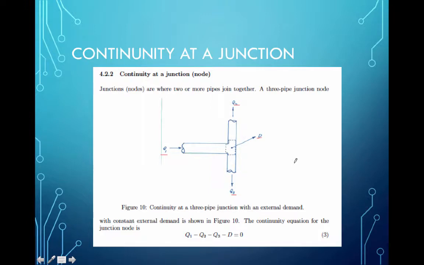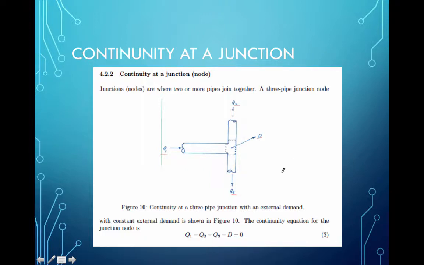And by convention, demand is positive leaving a network and negative going into a network. A negative demand would be like an injection. It's an unusual concept in pipeline simulation modeling, but not unheard of. So keep that in mind. So your demands in general will be positive.